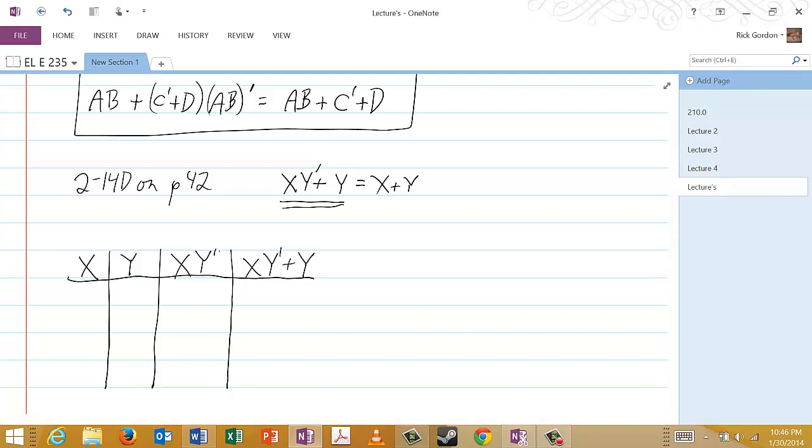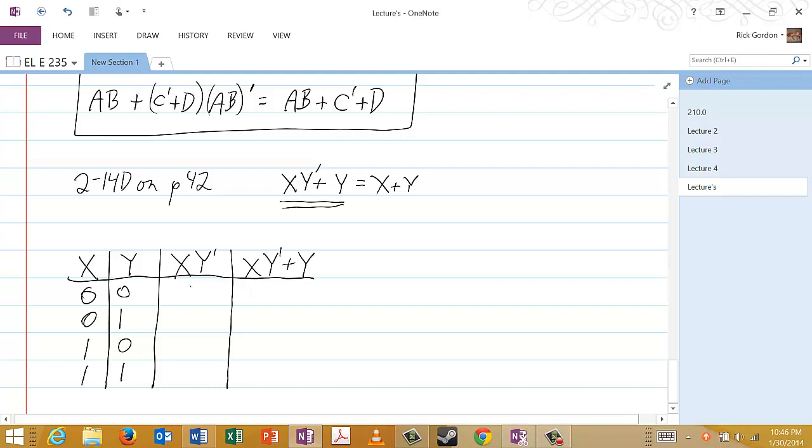So now we have two independent Boolean variables. We have four possible combinations: 0, 0, 0, 1, 1, 0, and 1, 1. Now for each one of these cases, we need to calculate x ANDed with y complement. Well, we can do this pretty quickly. In the first two rows, x is 0, and 0 ANDed with anything is 0.